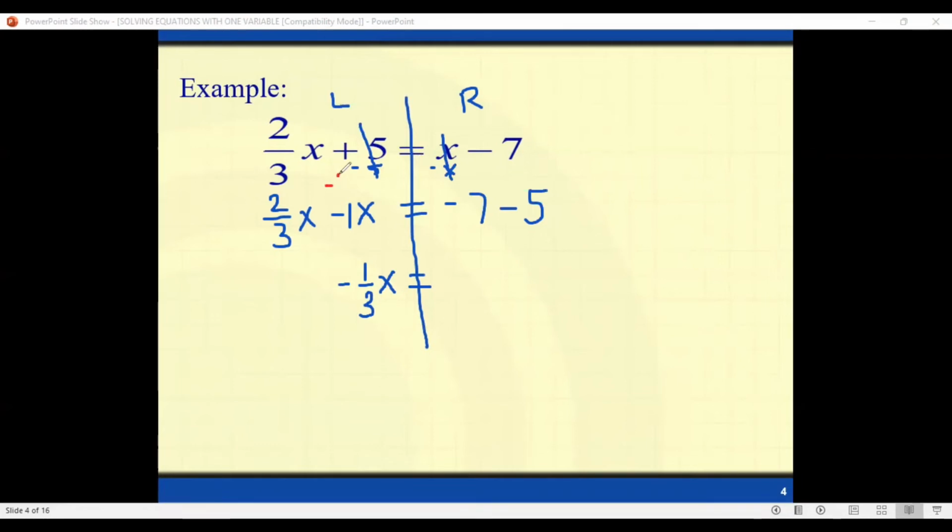Of course, a negative 1 could be negative 2 over 2, negative 5 over 5, 7 over 7, or even a million over a million. But we are choosing 3 because we want it to be similar to the other fractions that we are working with. So we have now 2/3 minus 3 over 3, and that results to negative 1/3.